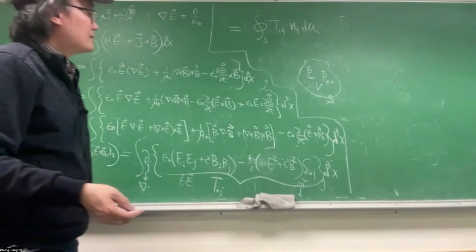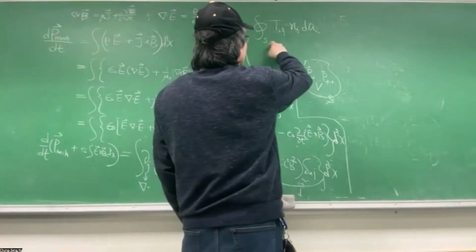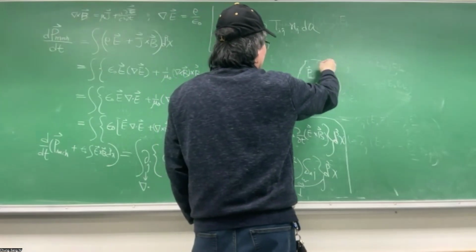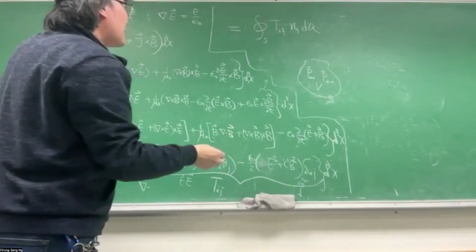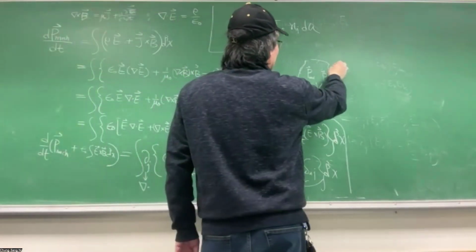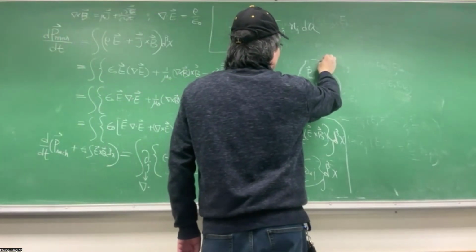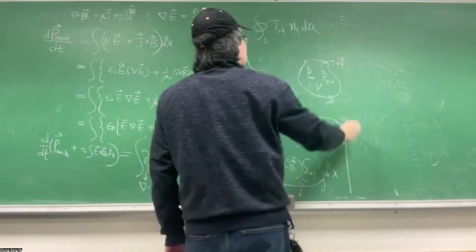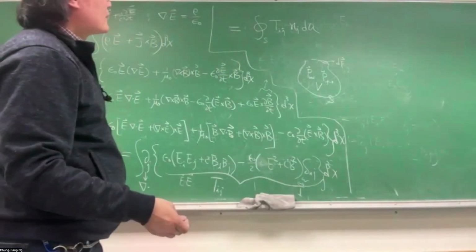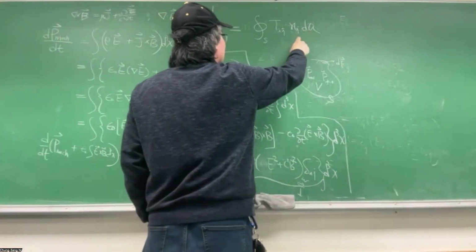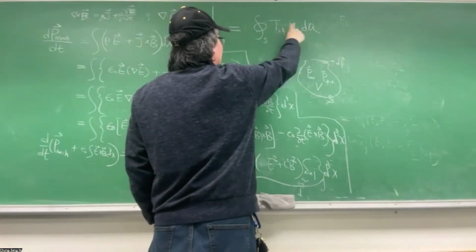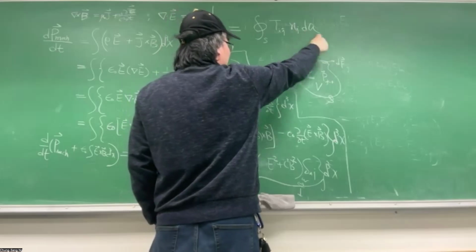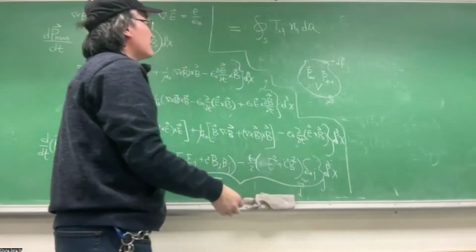And so after you do the integral, because a change of momentum is force, each area will give you a dF, right? So for a little area, this T_ij times n_j times dA will give you this dF, right?